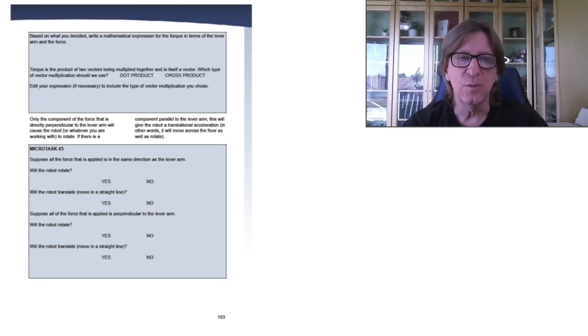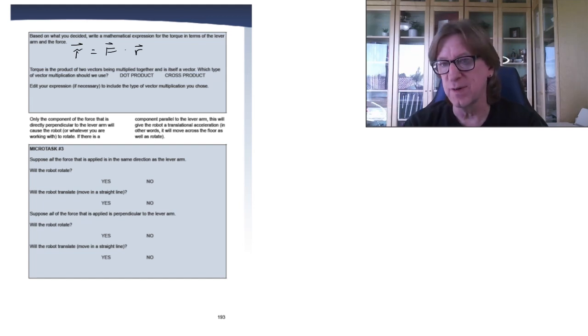All right, so we now know that our torque, which should be a Greek letter, is a vector. Let me clean that up just a little bit here. Our torque, which is a vector, must depend upon the force, which is a vector, times that lever arm, which is also a vector. Now we know that when we multiply two vectors, we have to choose either the dot product or the cross product, the scalar product or the vector product.